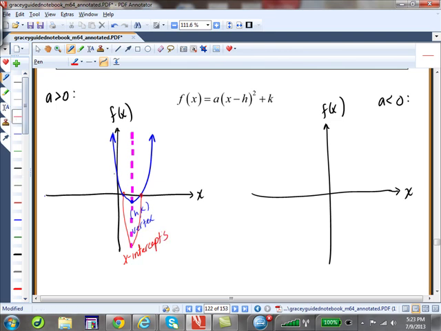And then over here would be the y-intercept. And this here is the line x equals h, and it's called the axis of symmetry.